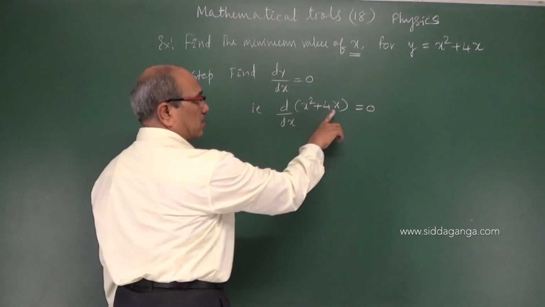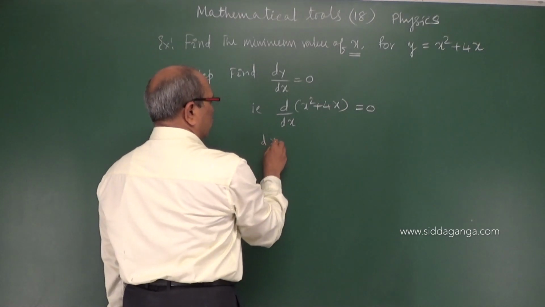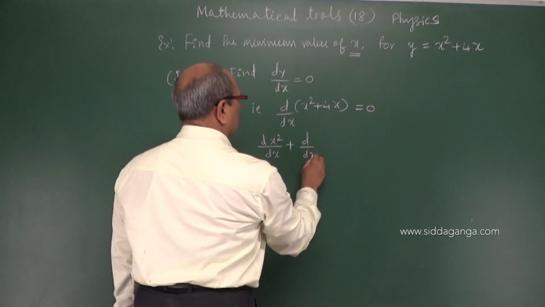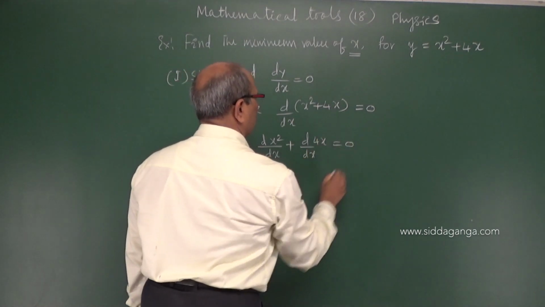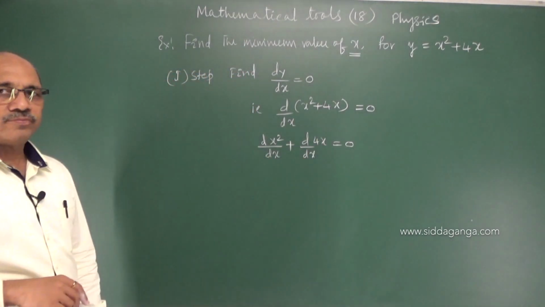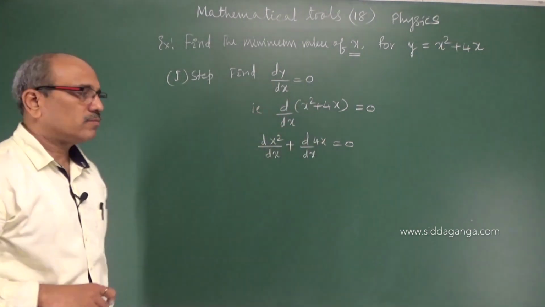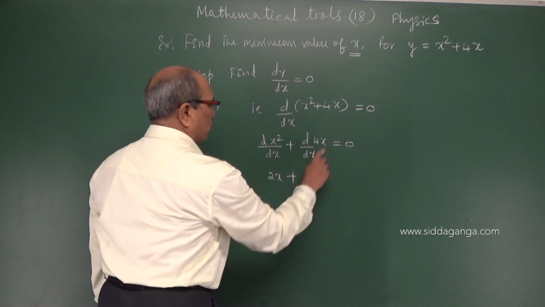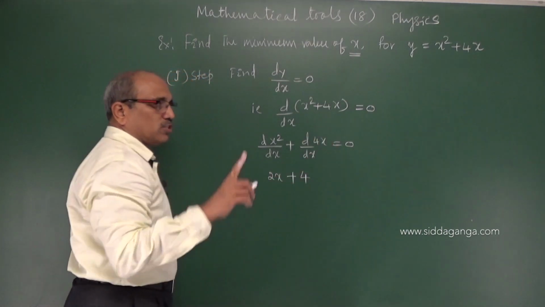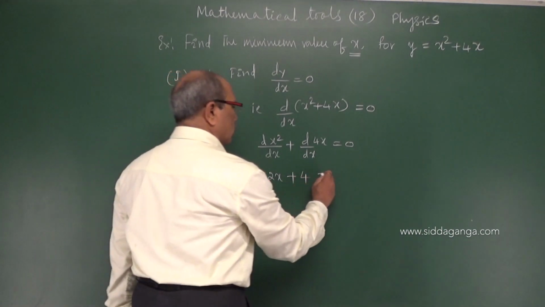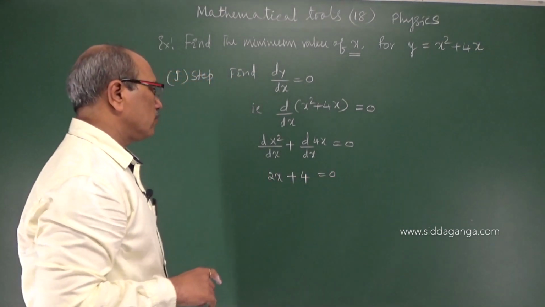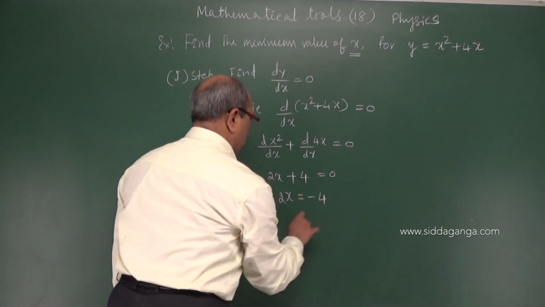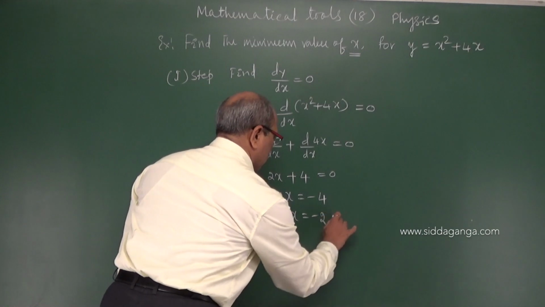This we can split, addition rule: d of x square by dx plus d by dx of 4x equal to 0. We split into two parts. You know, x square gives 2x, plus 4x gives only 4, because x power 0 is 1. This equals 0. And you get 2x is equal to minus 4, or x is equal to minus 2.